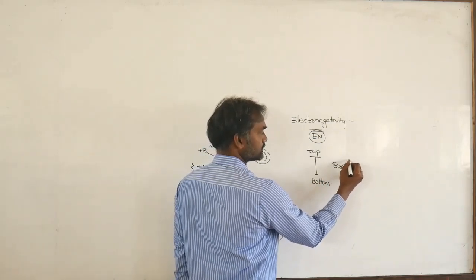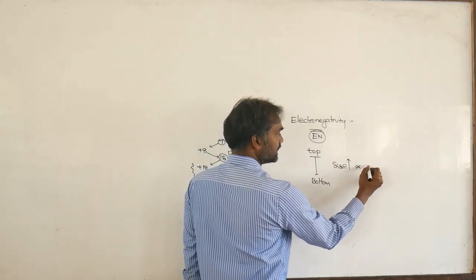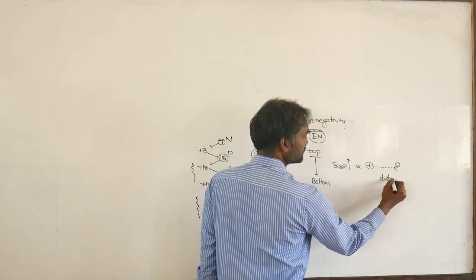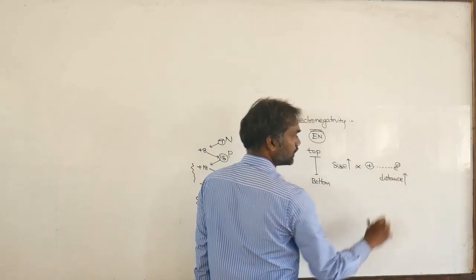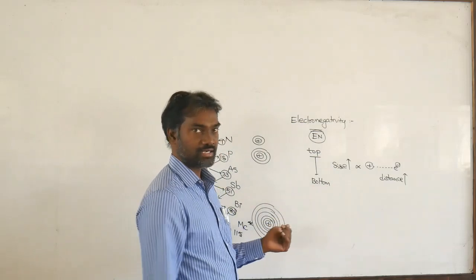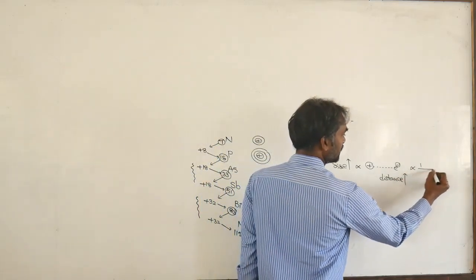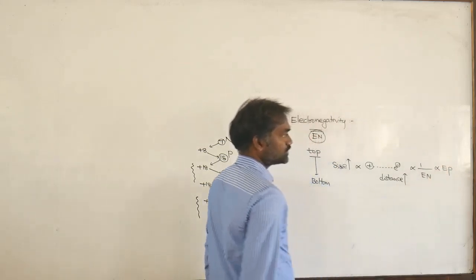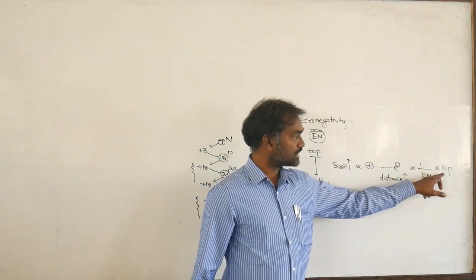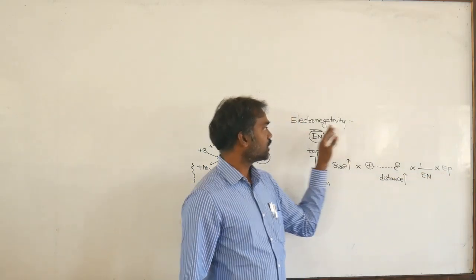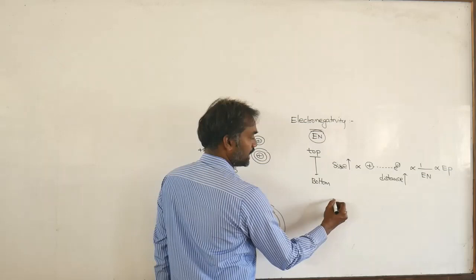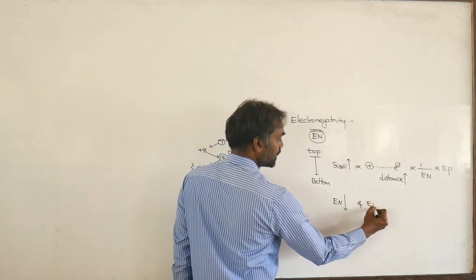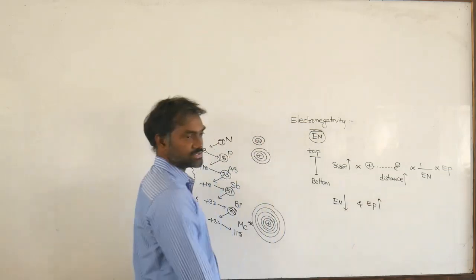Size increases and the distance between nucleus and last electron increases. So the tendency to attract electrons decreases. That means electronegativity decreases, but losing electrons, the tendency to lose electrons, you call electropositivity. So top to bottom, electronegativity continuously decreases and electropositivity continuously increases.